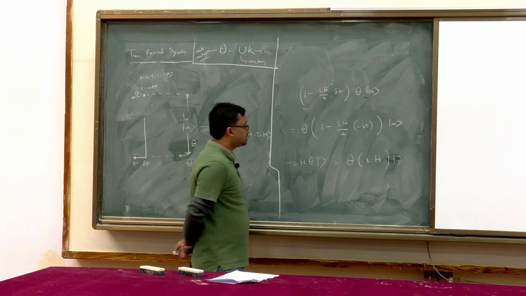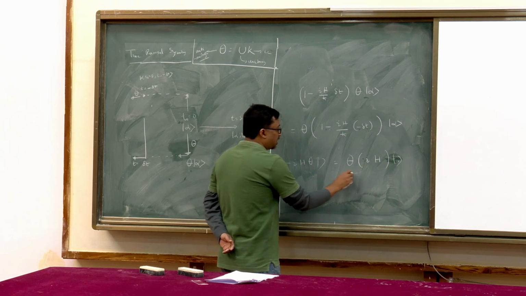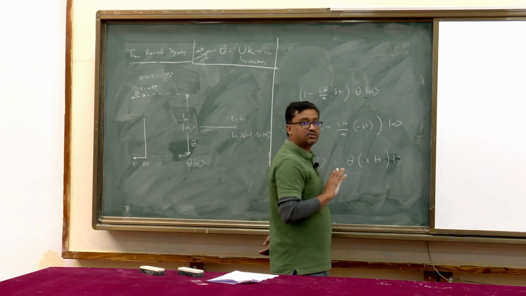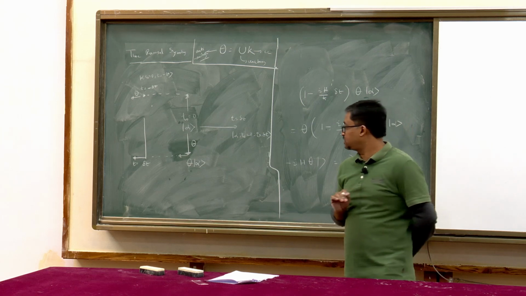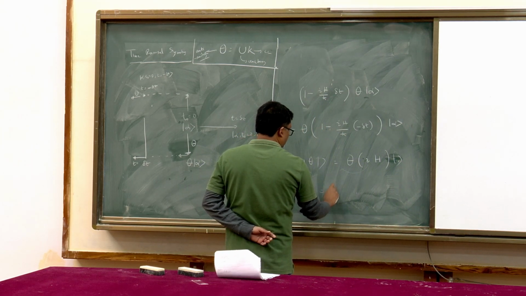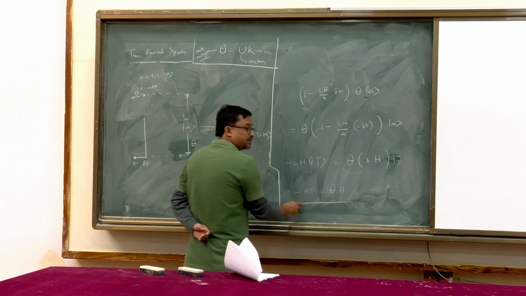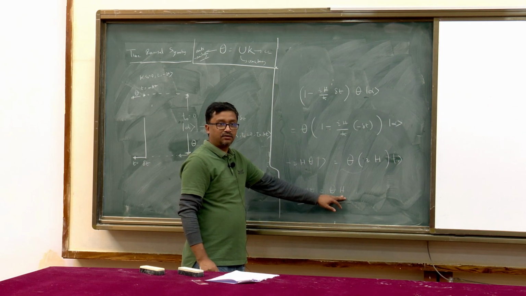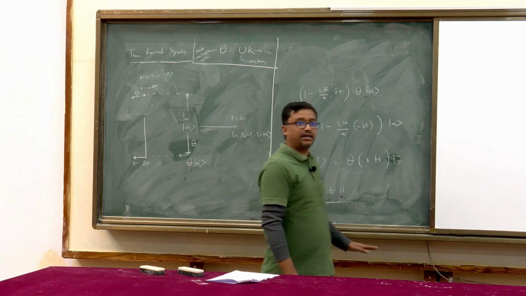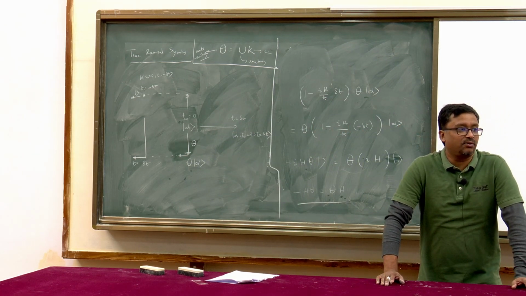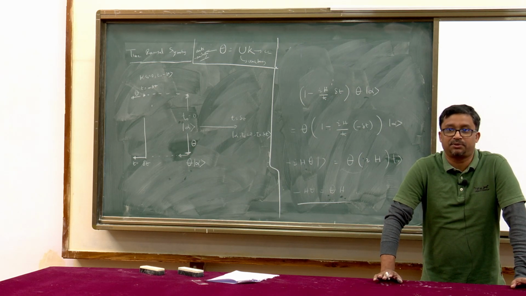Now, if I take this i out and cancel it with the i, then we will have all sorts of problems, because we will end up with some formulation like this: minus H theta would be theta H. You can show that if this is what happens, then all the physical quantities become really unacceptable.